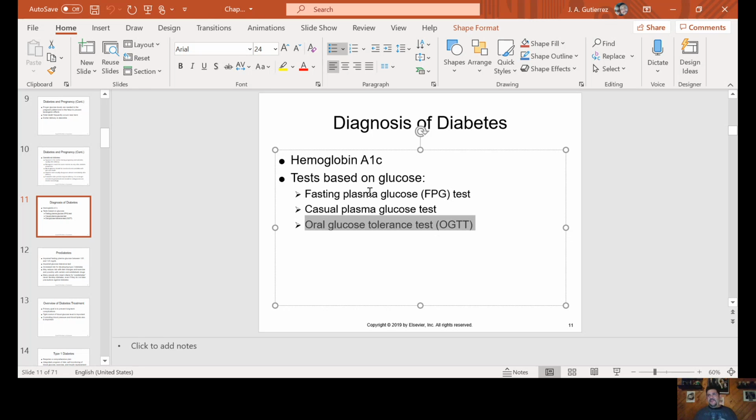The patient, same thing, is going to go fasting, just like a fasting plasma glucose test. They're going to show up and they're going to draw blood from the patient, and then they're going to provide a syrup. This syrup is very sweet. A lot of pregnant patients feel nauseated after it. We encourage not to vomit because then you have to start over again.